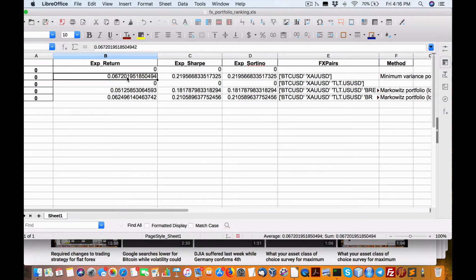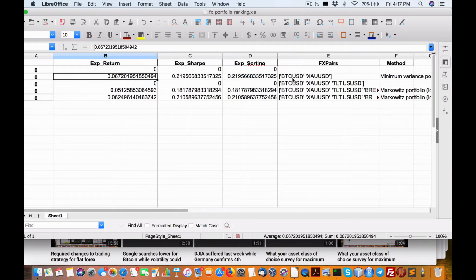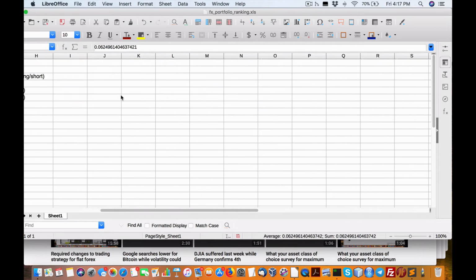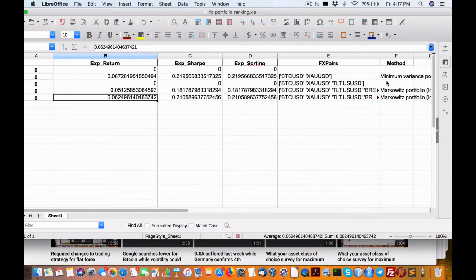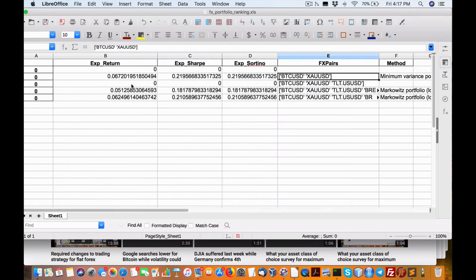And again, I say expected based upon 90 days of data on the performance of these instruments. So here we have 6.7% versus 6.2. With the 6.7, we enable using the minimum variance portfolio long short technique between these 2 assets of Bitcoin, US dollar, and gold. Those are the best performing out of the last 90 days.